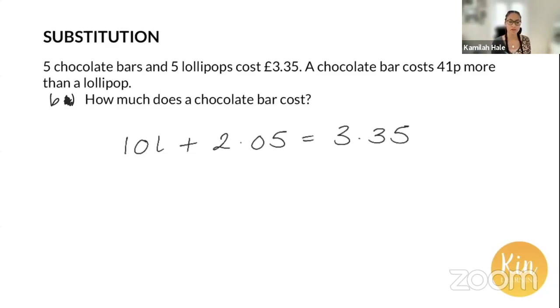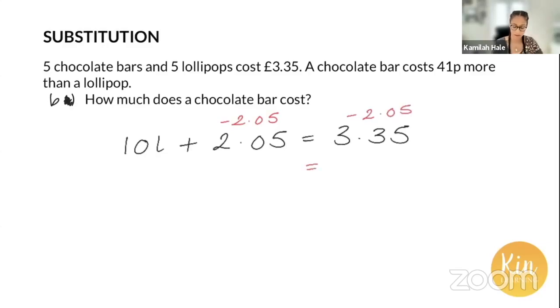Now let's solve that equation. If you're not too used to solving equations, let's do it together. Remember, I get rid of what's furthest away from the x, or the L in this case, on this side. So this is further away. I'll get rid of that first before I deal with the 10. So let's do the opposite. The opposite of adding £2.05 is minusing it. And I have to do the same thing to both sides.